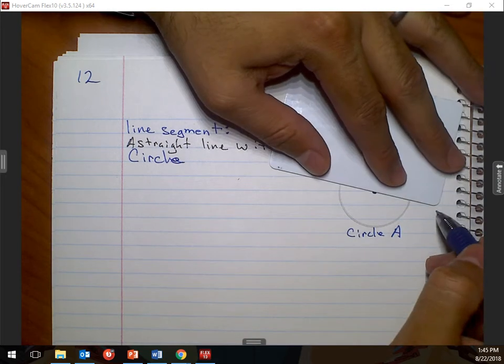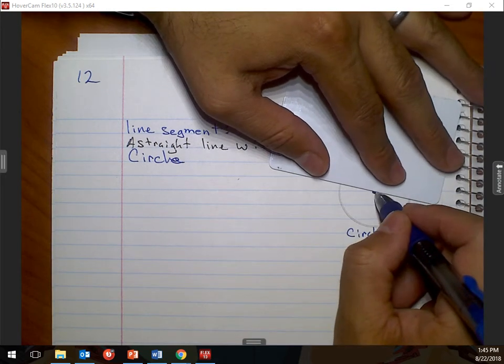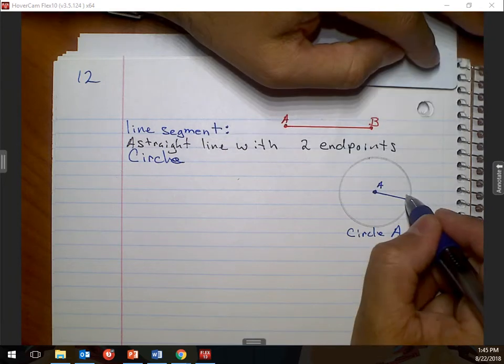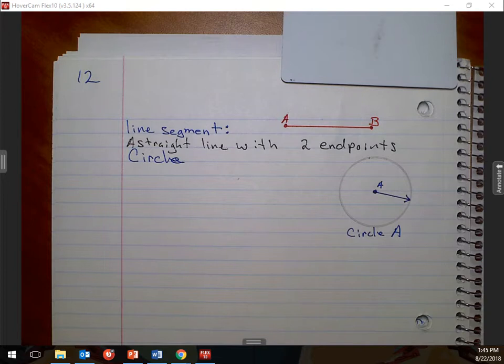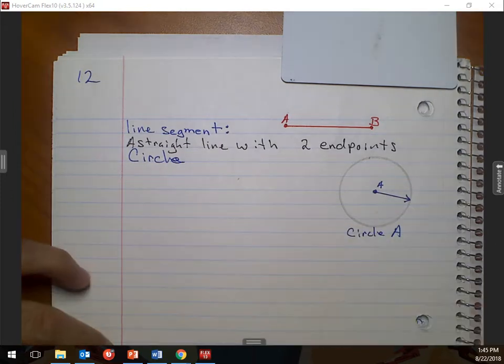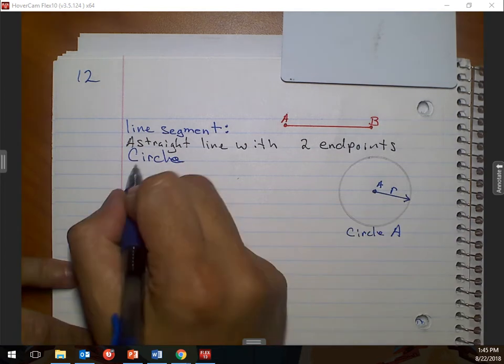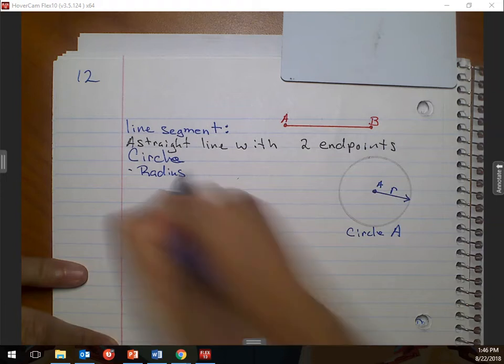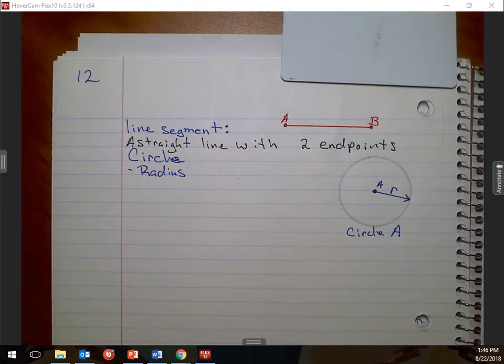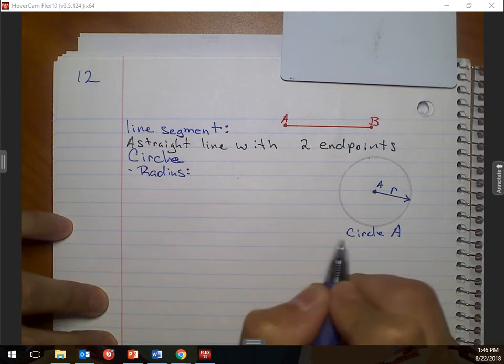And I'm going to draw a couple things for this. All right, that line that I just drew right there, what is that going to represent? A radius, right? A radius. So I'm going to put an R right there. So that's my next word, my radius. Now, definition for radius is, can someone help me with that?